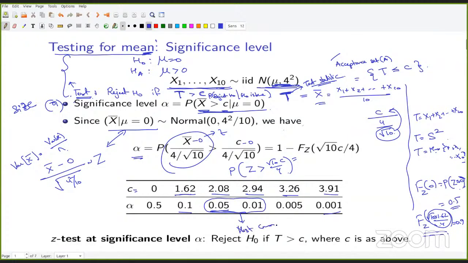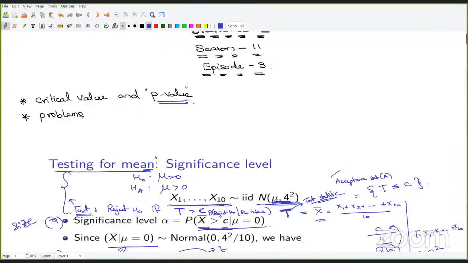Can you repeat that Z thing? This is something like standardization, normalization. If you know that your random variable follows normal with some mean and sigma square, this is true in general, not only for this particular case.